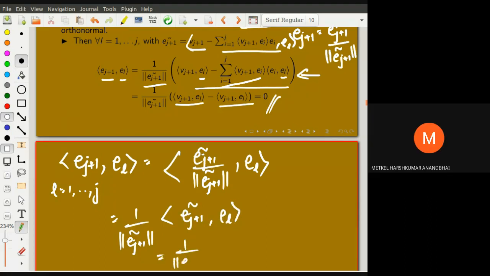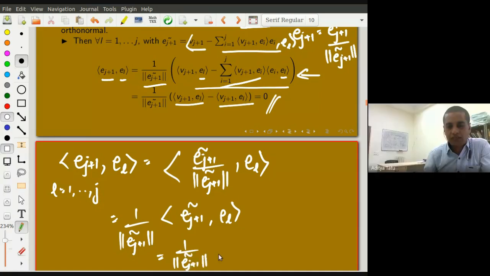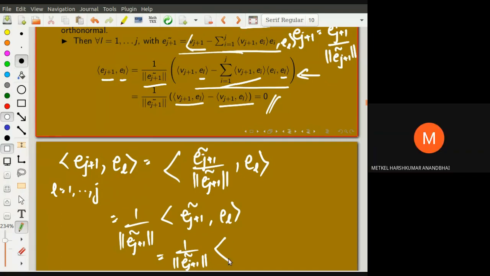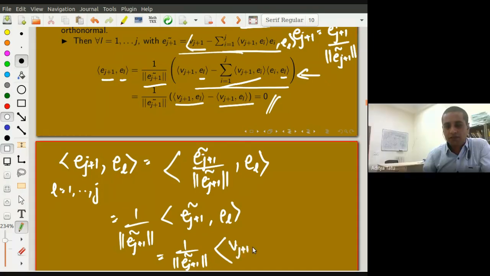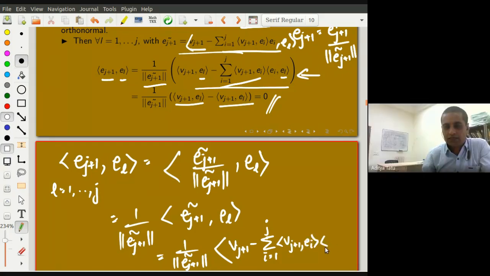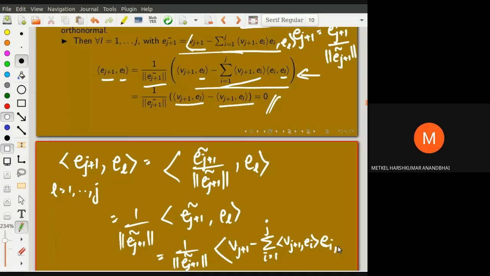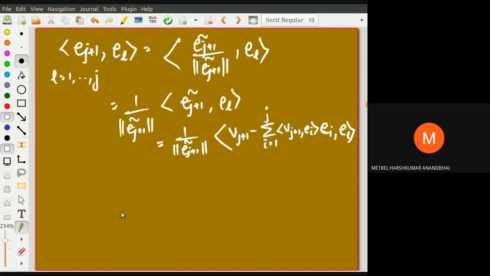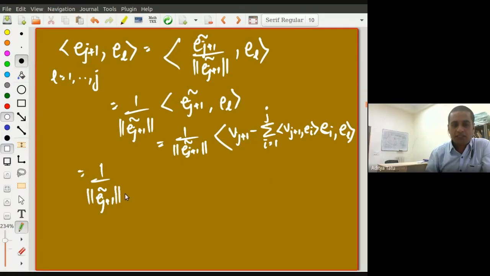Then this is 1 by the norm of ẽ_{j+1}. What is ẽ_{j+1}? You can see over here: it is v_{j+1} minus the summation from i equals 1 to j of ⟨v_{j+1}, e_i⟩ e_i, with e_l.